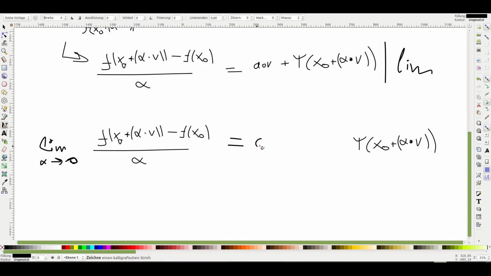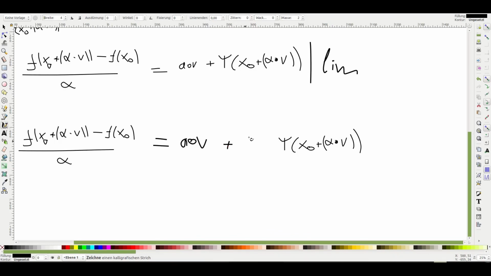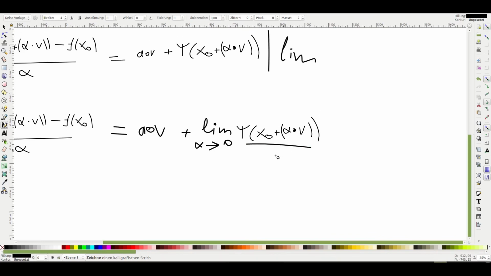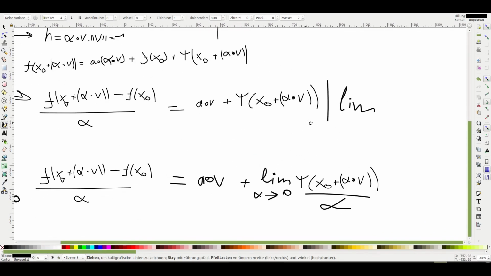That is equal to the scalar product between A and v plus the limit as alpha goes towards 0 of psi of x0 plus alpha times v over alpha. Sorry, I should have done that, and I should have done it here: there's also an over alpha.